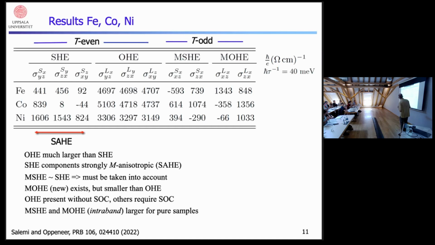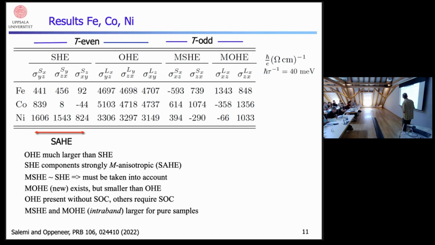So the orbital Hall effect is not due to spin-orbit interaction, and is always larger than the spin Hall effect. Then we have these magnetic components that have not been analyzed much. If we look here, for instance, for iron, they are of the same size, maybe a little bit smaller, and the magnetic orbital is not so involved.